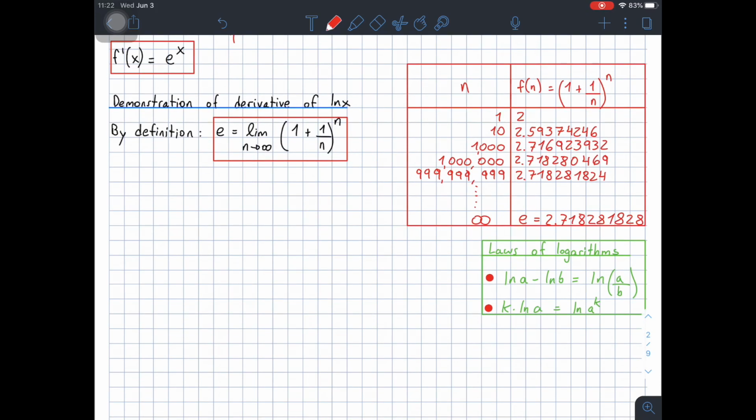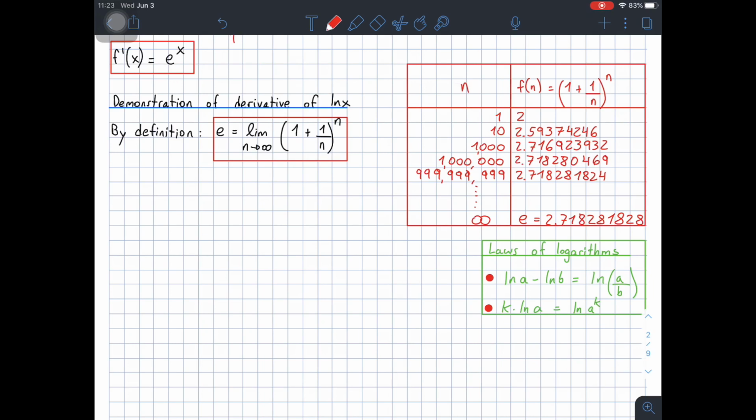And basically what we're going to do to get to the value of e is try evaluating that function, f of n equals 1 plus 1 over n to the power of n, for different values of n, and approach the value of n to infinity, okay? And we'll see to what value this converges. So let me show you the calculator.